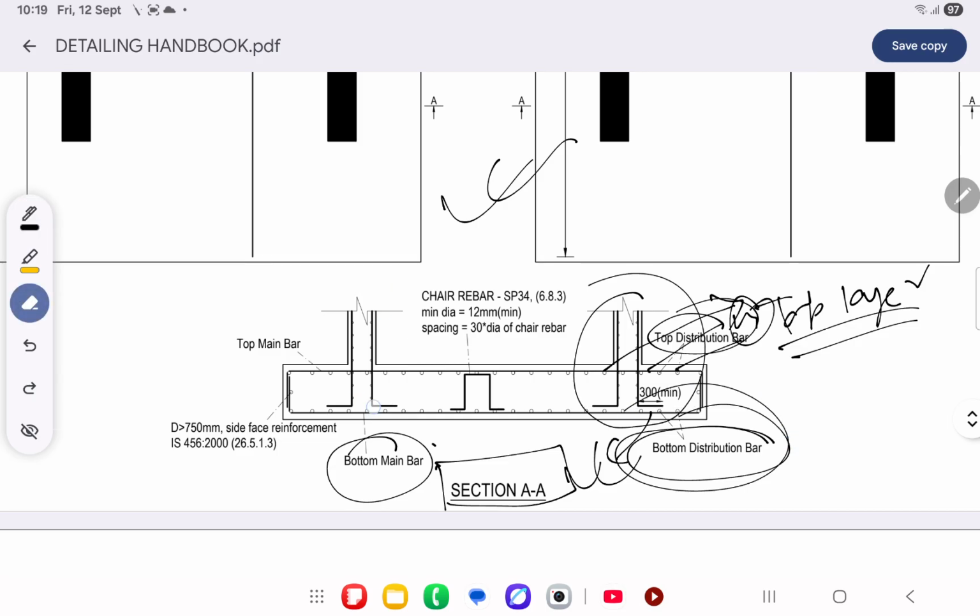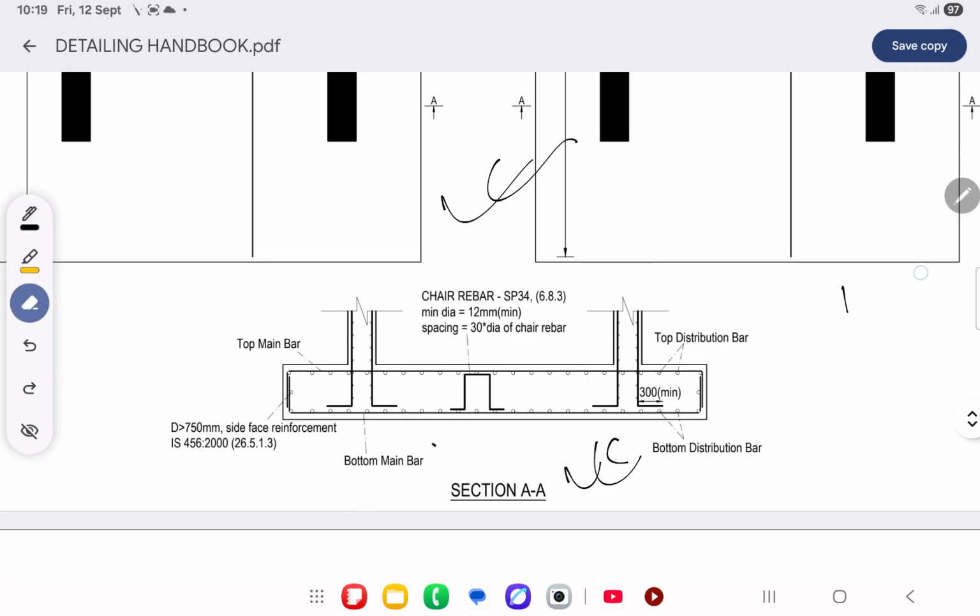So in raft foundation, we generally provide the reinforcement in two layers, top layer and bottom layer.